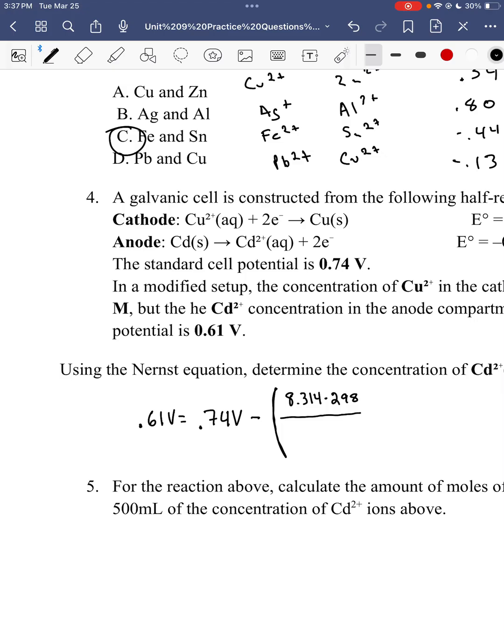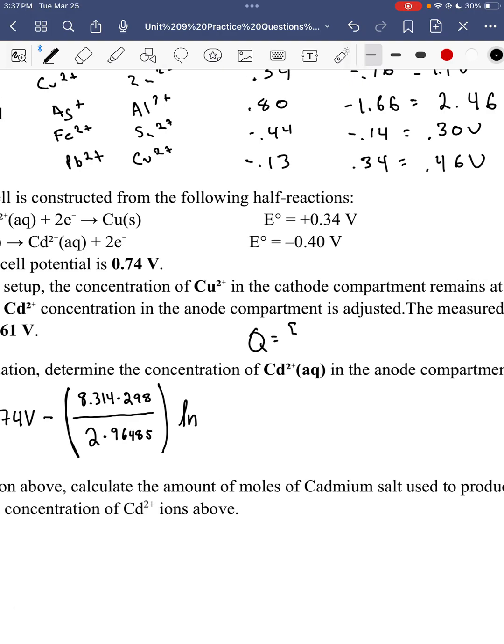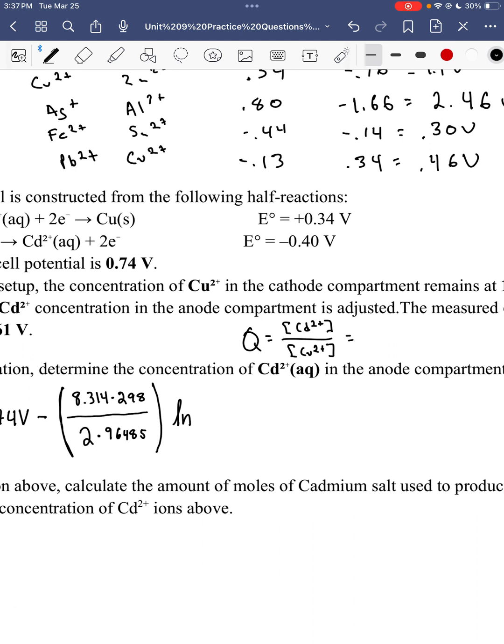Over nF. So n is my number of moles of electrons that are moving, which is 2, times F, which is Faraday's constant, 96,485. Ln of Q. And what is Q in this case? Well, Q is my concentration of cadmium over my concentration of copper, because I only have copper and cadmium in solution, so they're the only things in there.